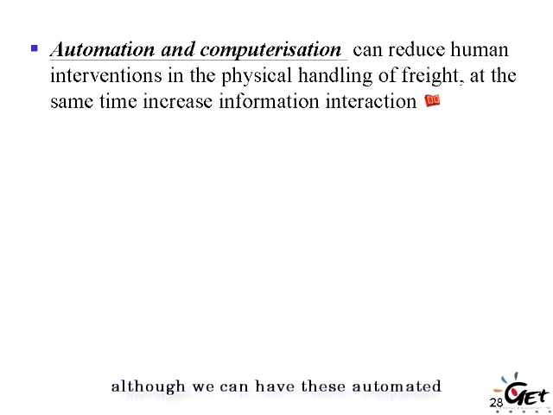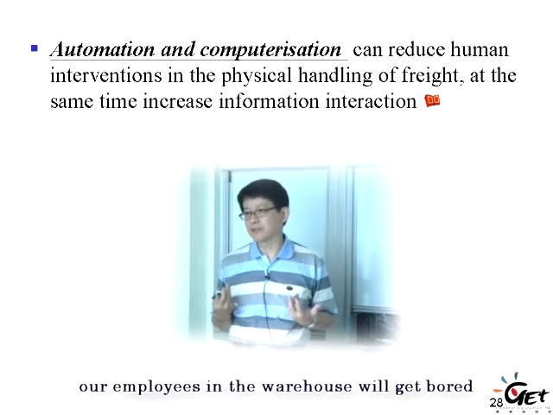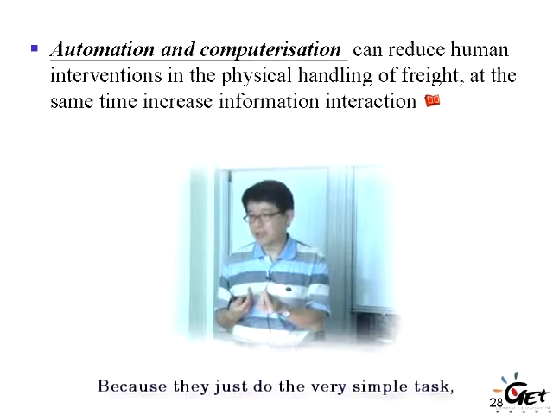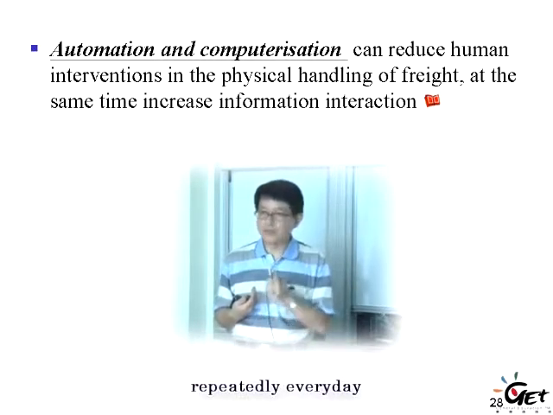However, although we can have automated information systems in a warehouse, we still need to consider the human factors. That means we still need to consider whether or not our employees in the warehouse will get bored because they just do very simple tasks repeatedly every day.